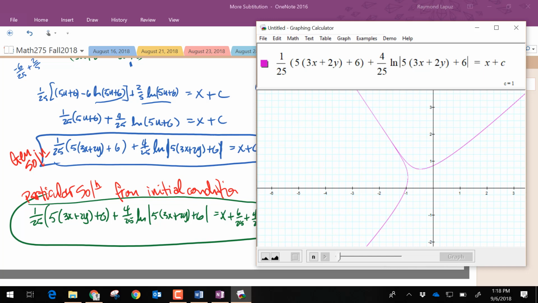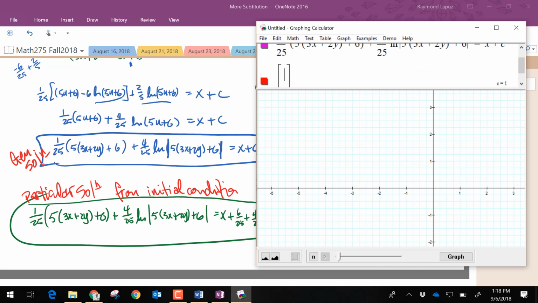And we want to make sure we include this point (-1, 1) in the different c values that we get.